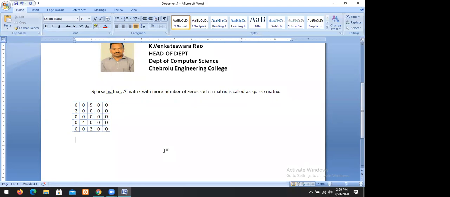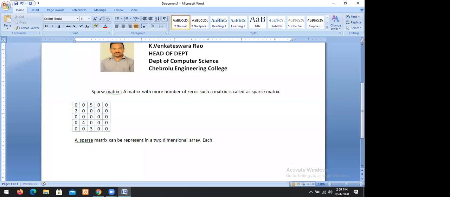A sparse matrix can be represented in a two-dimensional array.